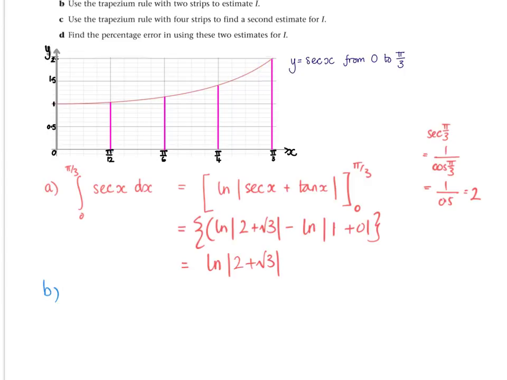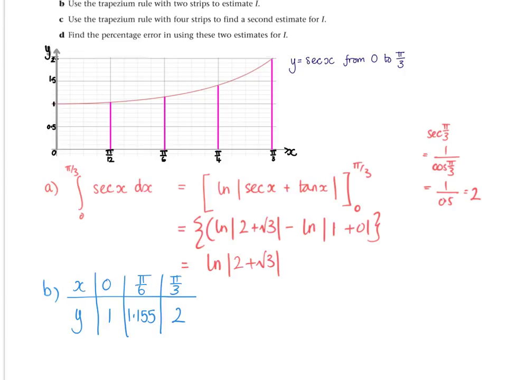If we do a little table, as we'd have done before for C2, we take our x values of 0, pi by 6, and pi by 3. This should just be revision for you. We get our ordinates, or our y values, that's 1, 1.155, and 2.